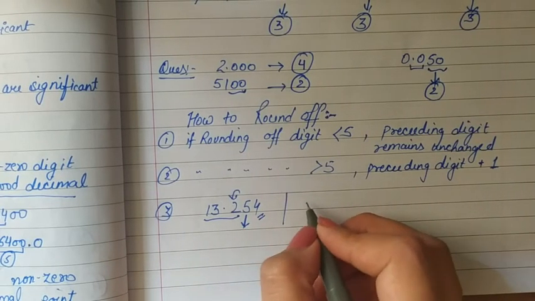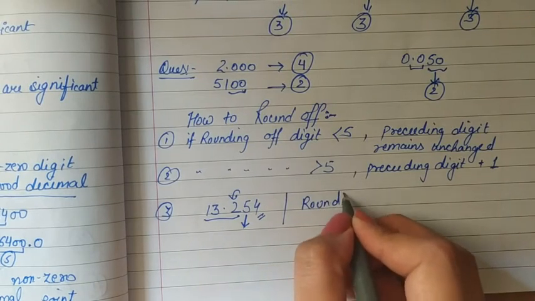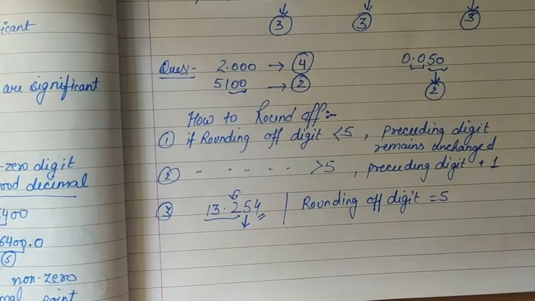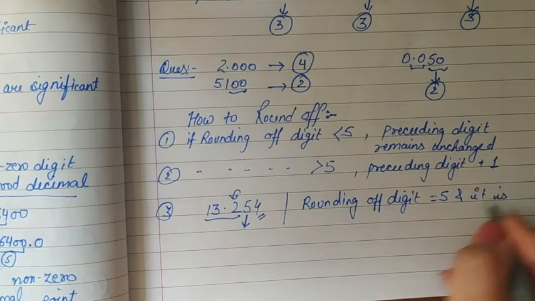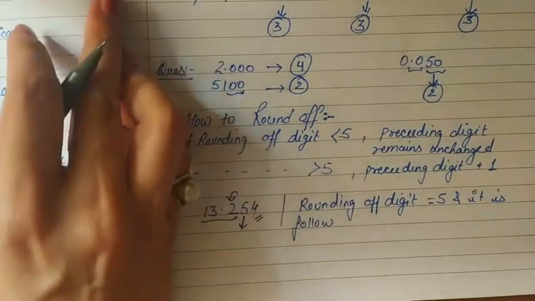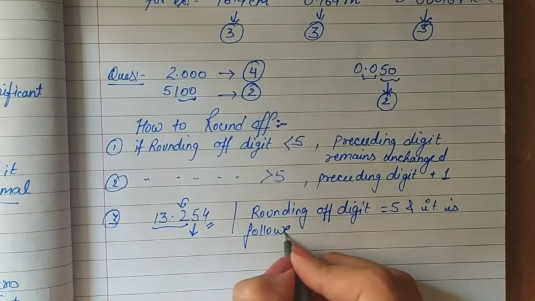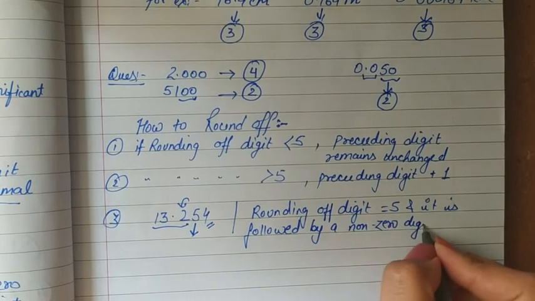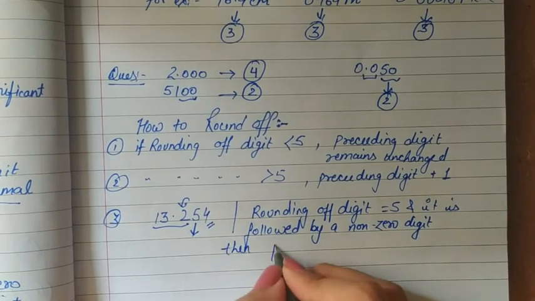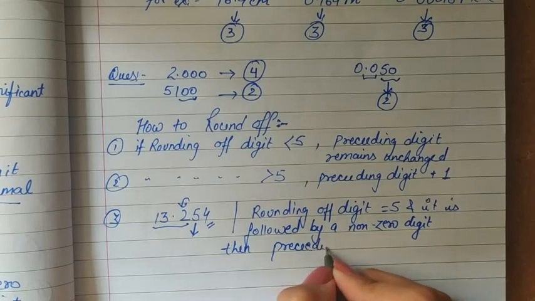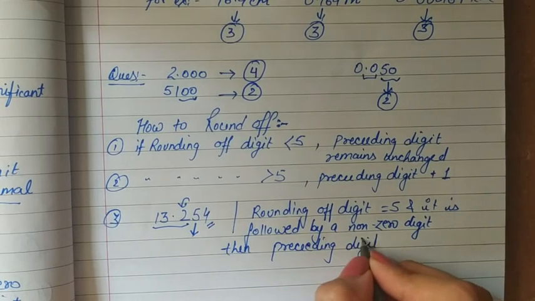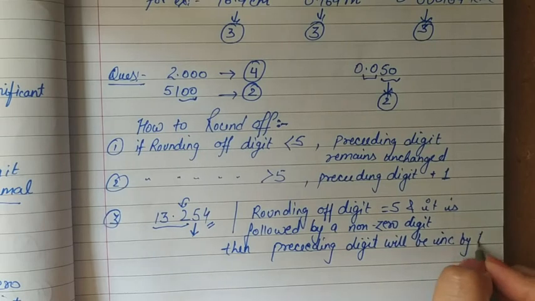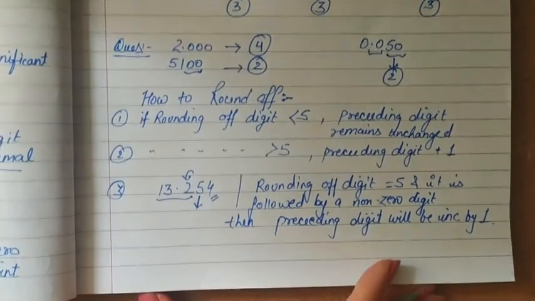Means if the rounding digit is equal to 5 and it is followed by a non-zero digit, some number exists after it, then the preceding digit will be increased by 1. So here 2 becomes 3.